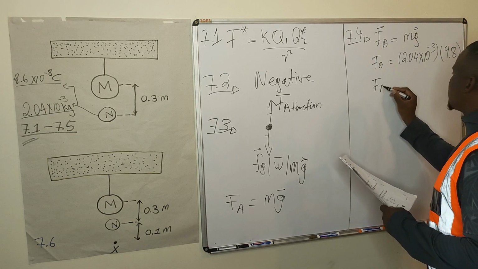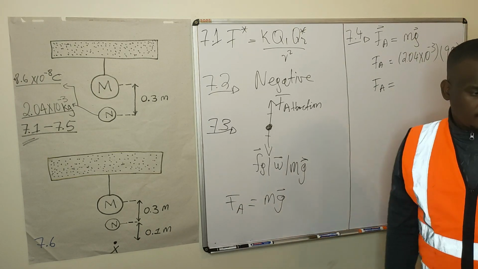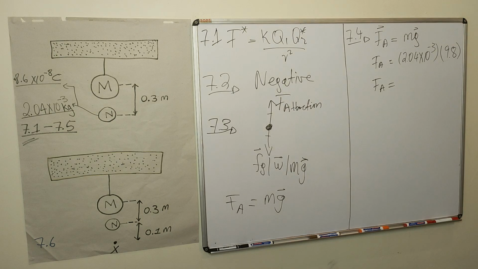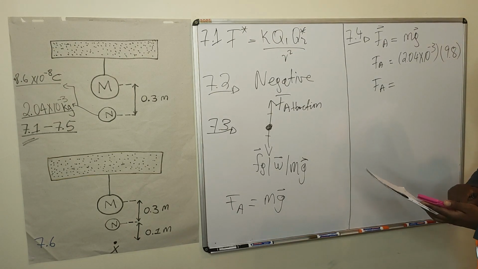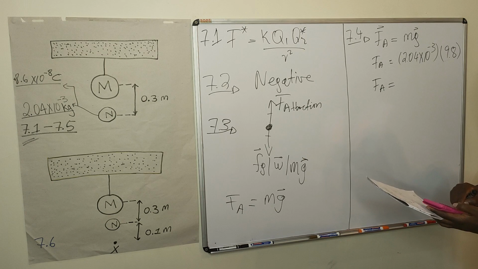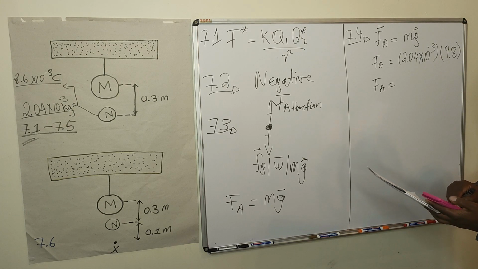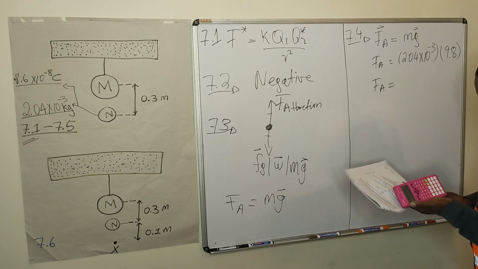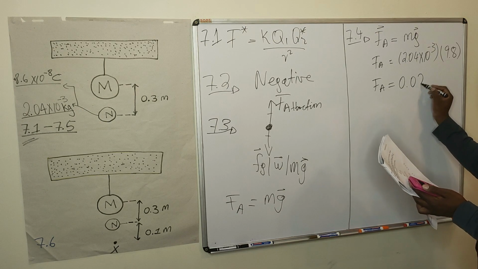Then you can punch this straight on the calculator. So let's punch this on our calculator: 2.04 times 10 to the minus 3 times 9.8. This is equal to 0.02 newtons.